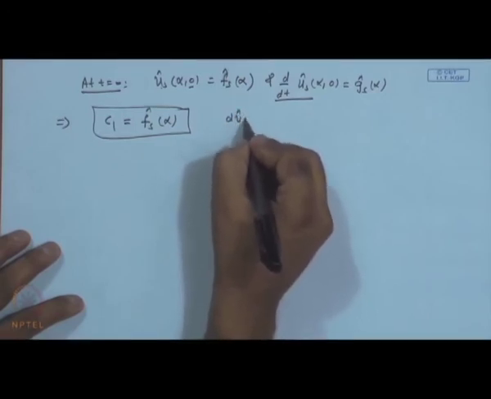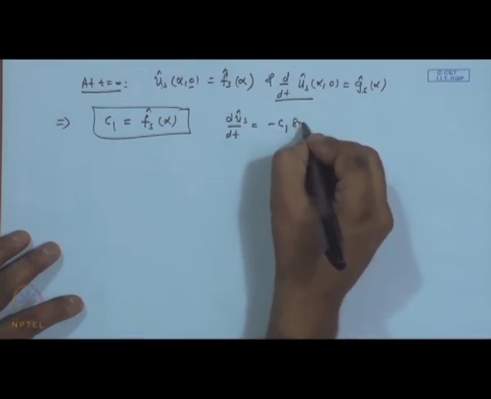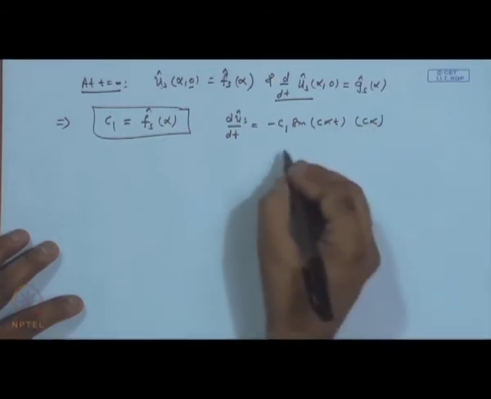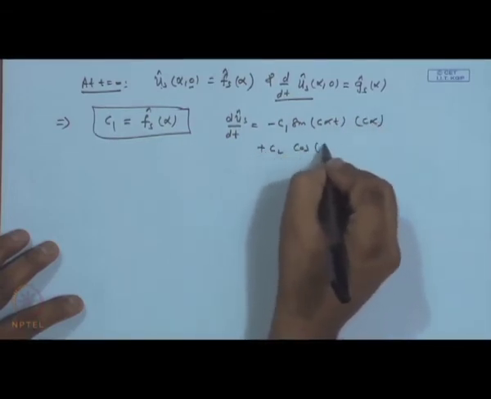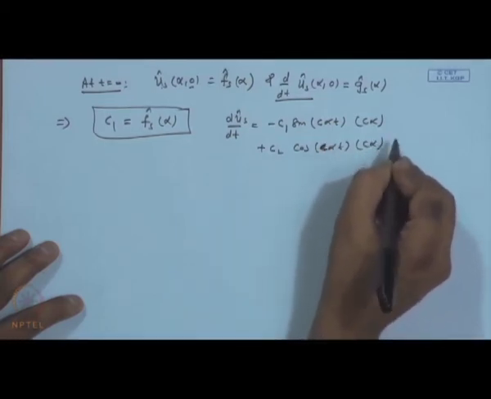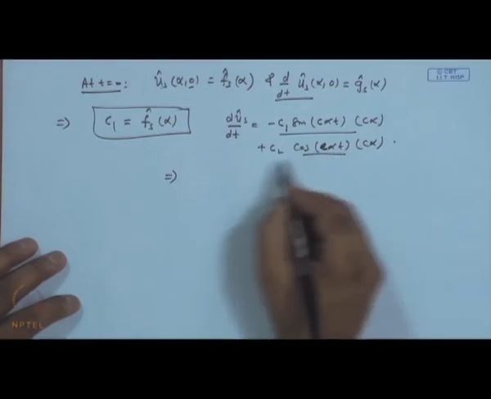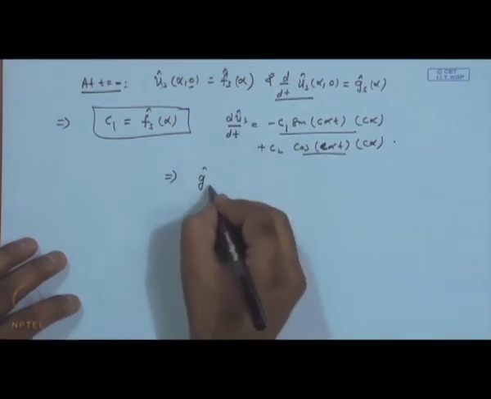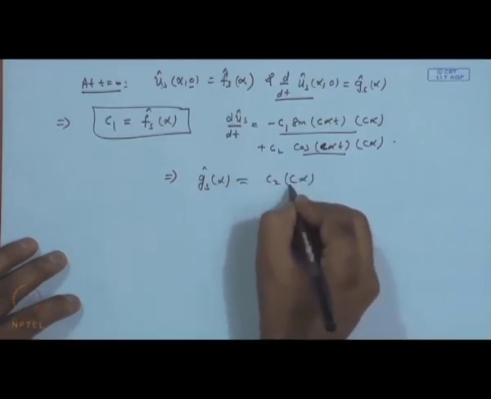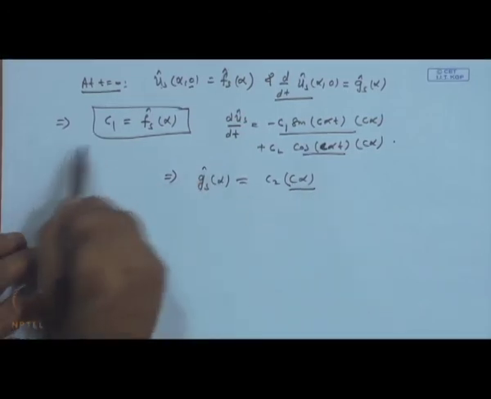So, we have du_s hat over dt is minus c1 sin(c alpha t) times c alpha, plus c2 cos(c alpha t) times c alpha. If we put t equal to 0, the first term will disappear, cos is 1, and g_s hat(alpha) is equal to c2 times c alpha. So, c2 is g_s hat(alpha) over c alpha, and c1 is this.